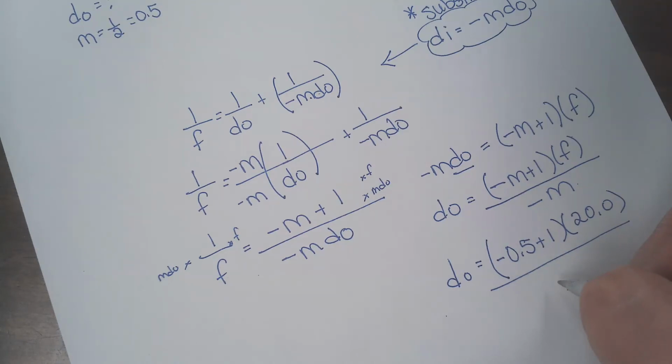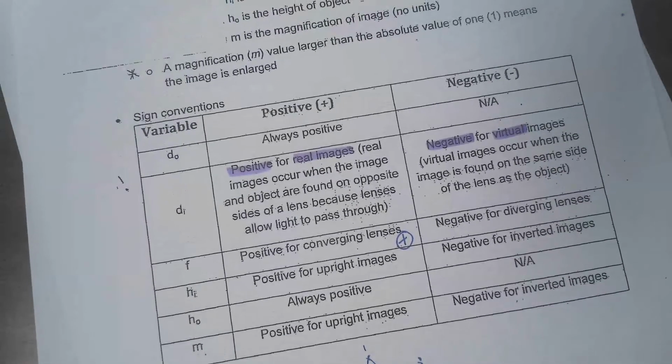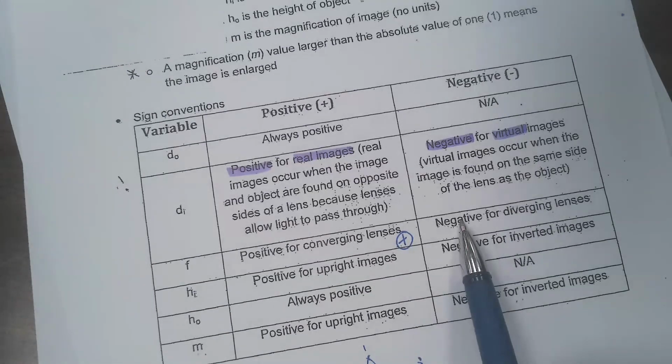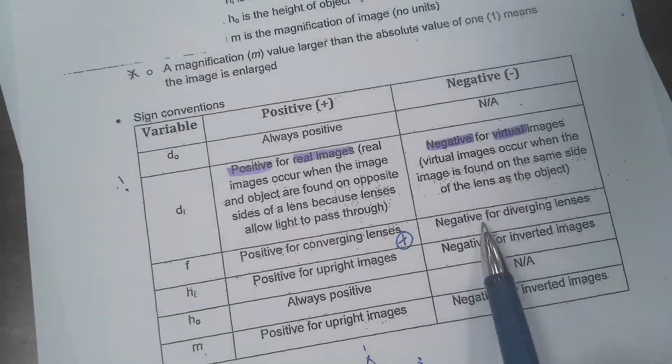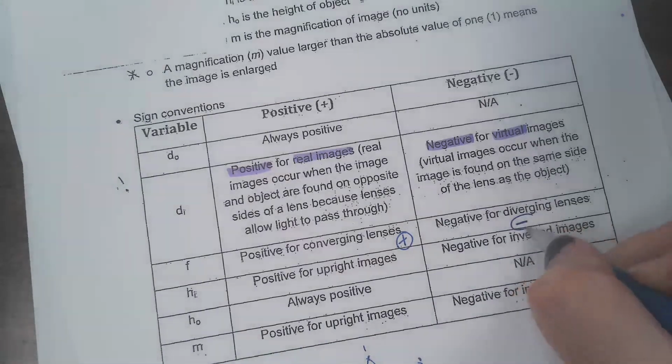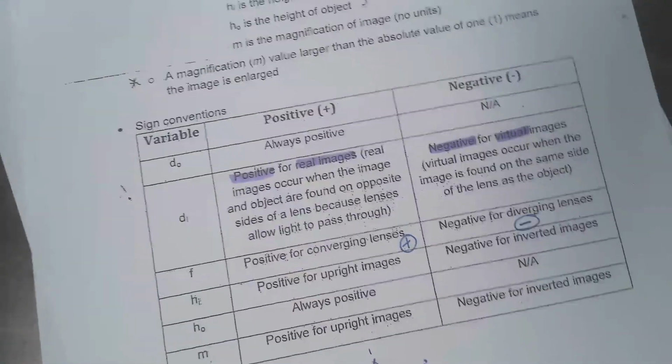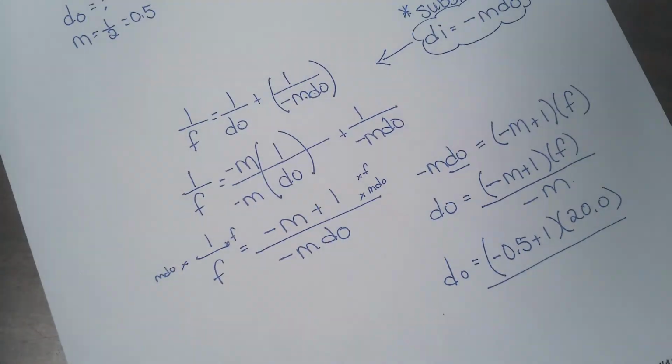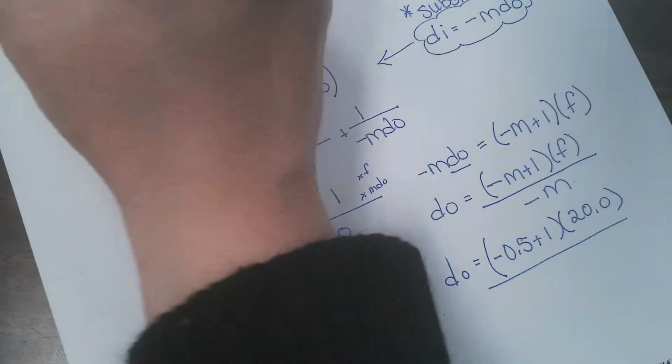Why negative 20 centimeters? Focal length. A diverging lens. Focal length has to be negative. Oh, how did I forget that detail? Nope, I didn't. It was right there.